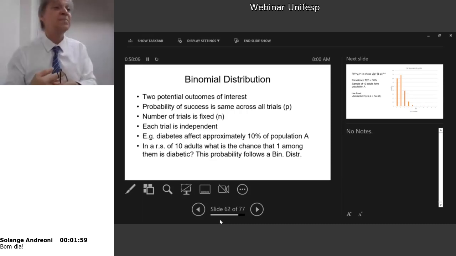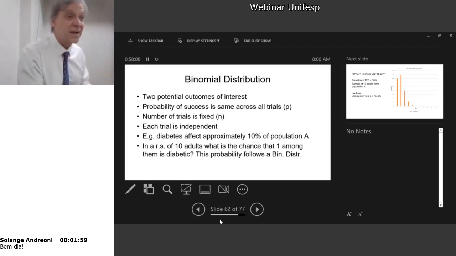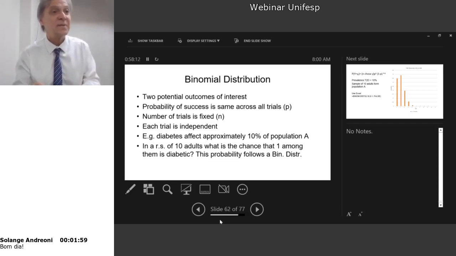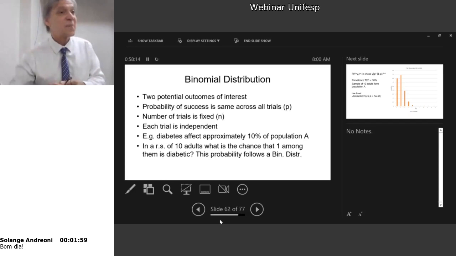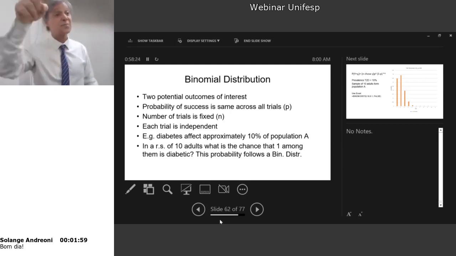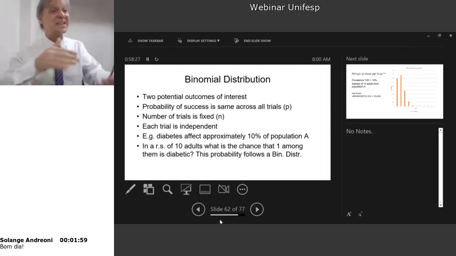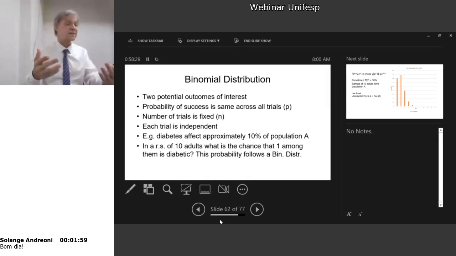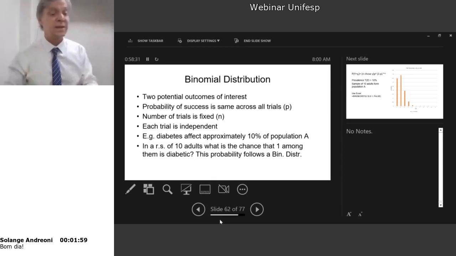What do I do? NPQ: I sample 100, multiply by 0.10, that's NP, and then multiply by Q, which is 1 minus P, that's 0.9. That's the variance for A, the number of people who have diabetes. The variance for the proportion is that divided by N, and the standard deviation is the square root of PQ over N.